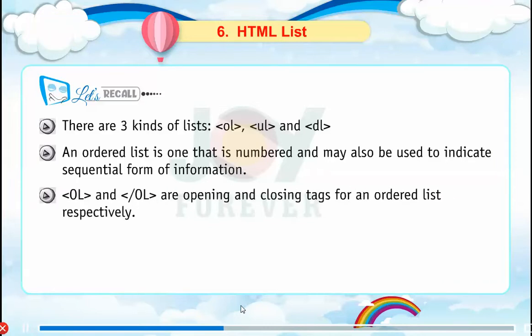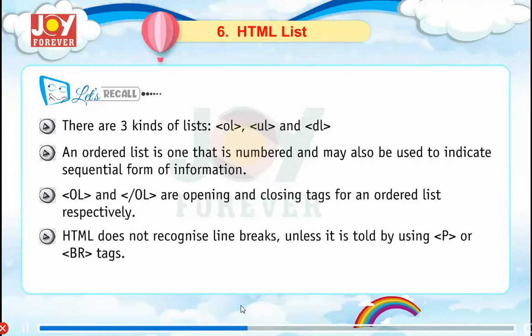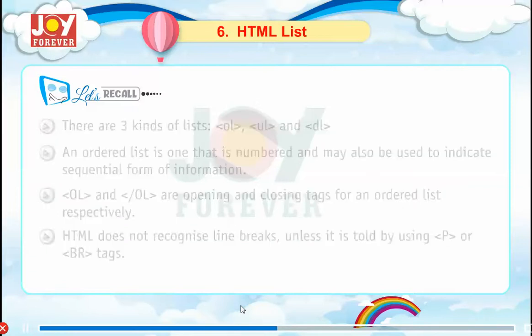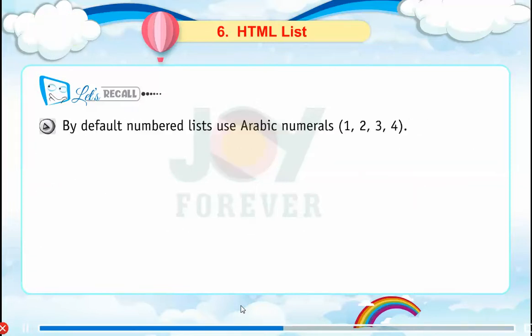OL and /OL are the opening and closing tags for an ordered list respectively. HTML does not recognize line breaks unless it is told by using P or BR tags. By default, numbered lists use Arabic numerals.